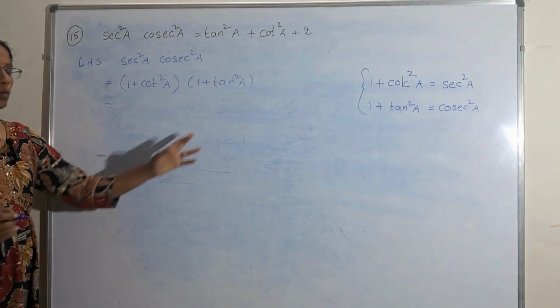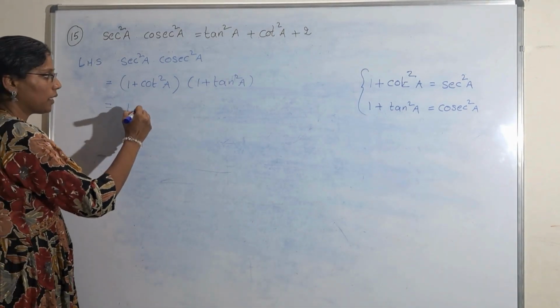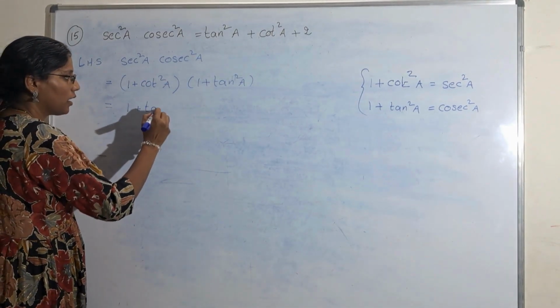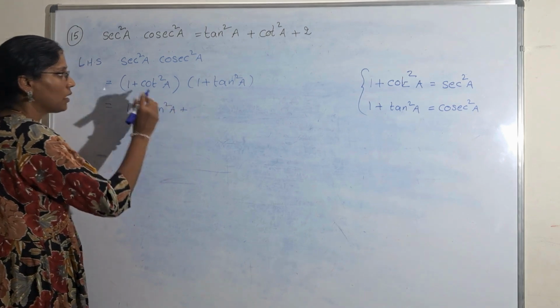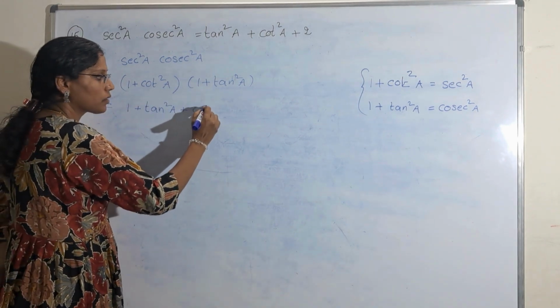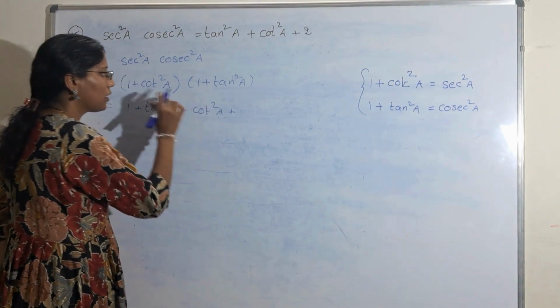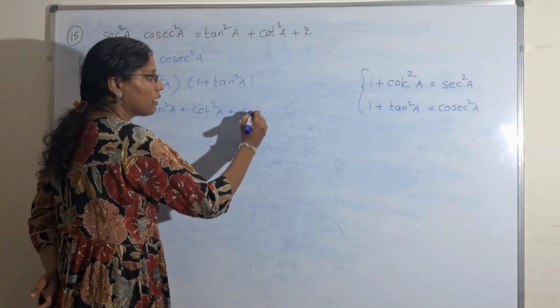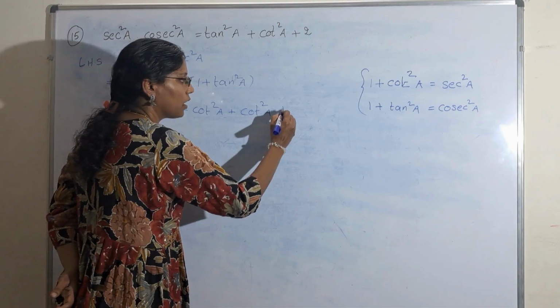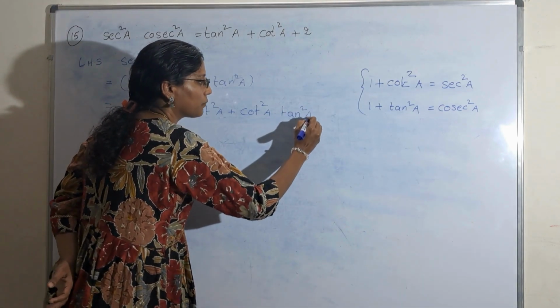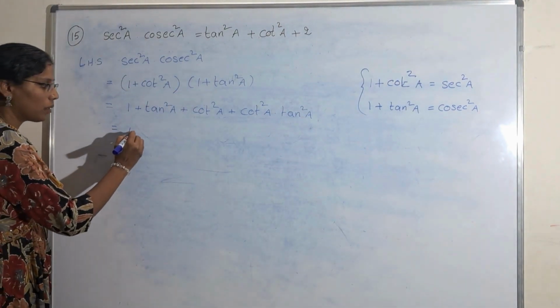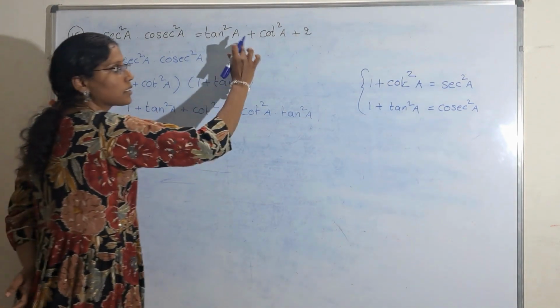These two brackets we have to multiply. 1 into 1 is 1, 1 into cot square A is cot square A, tan square A into 1 is tan square A, and tan square A into cot square A.